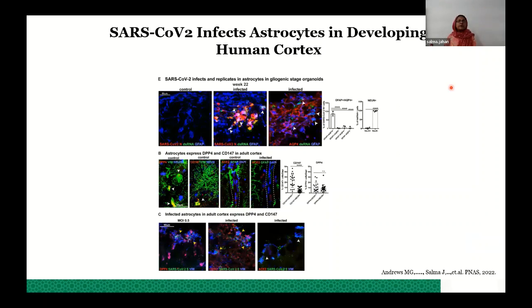At different time points, we looked at the effect of the coronavirus, and we found the astrocyte is one of the cell types in the brain infected by the coronavirus, and it compromised the blood immune system through the leaking of the blood-brain barrier.